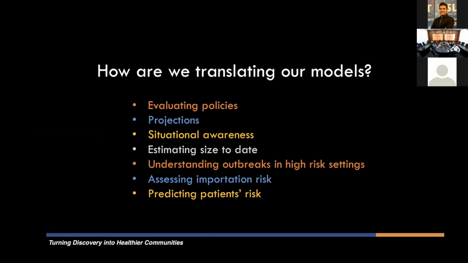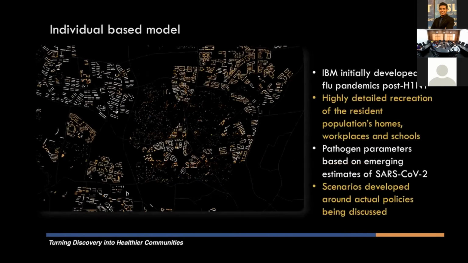So we develop models which try to fuse together information from different places. For example, to evaluate policies, let me show you one of the ways that we try to do this. We developed quite complex individual-based models. In fact, our team published the first individual-based model of COVID in Lancet Infectious Diseases way back in, I think, March or something.